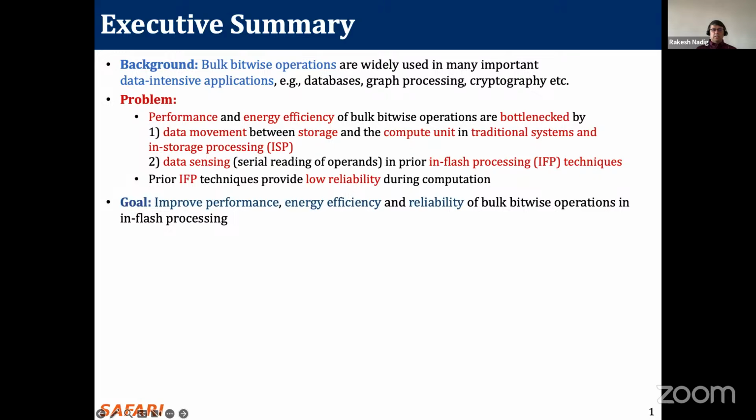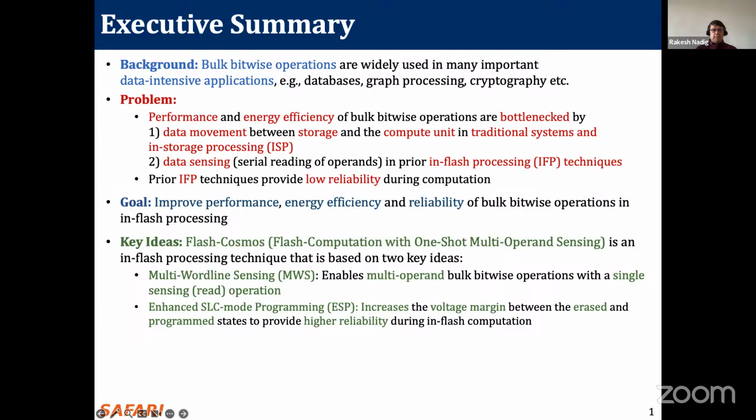To this end, we propose Flash Cosmos, which is flash computation with one-shot multi-operand sensing. It is an in-flash processing technique based on two key ideas. The first idea is called multi-wordline sensing, where we enable reading of multiple operands with a single read operation.